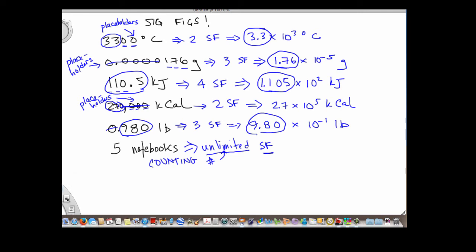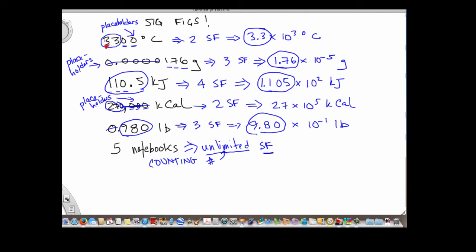Now, what if we wanted to round all of these numbers to one significant figure? We could start and look at our scientifically notated numbers, or we can look at our regular numbers here. Either way, this is one significant figure. We're going to look at the next digit. If this digit is less than 5, this digit stays the same.